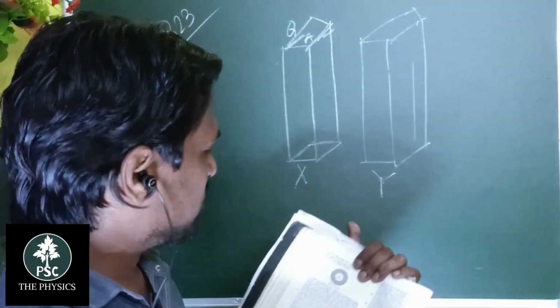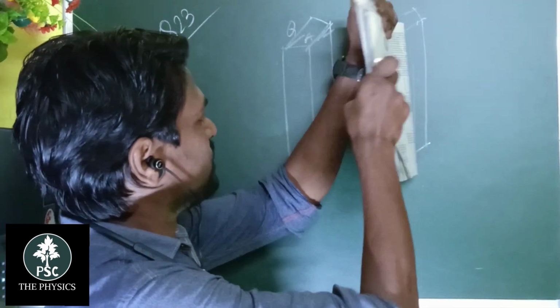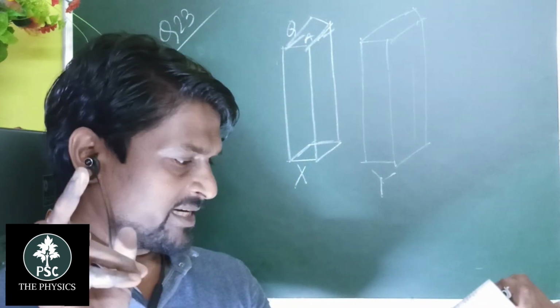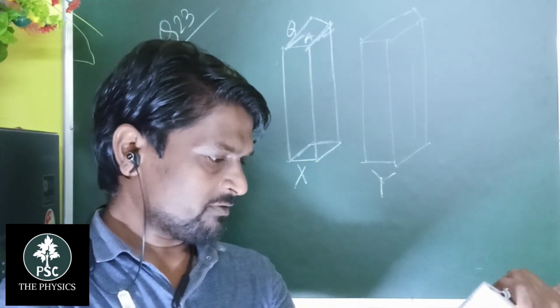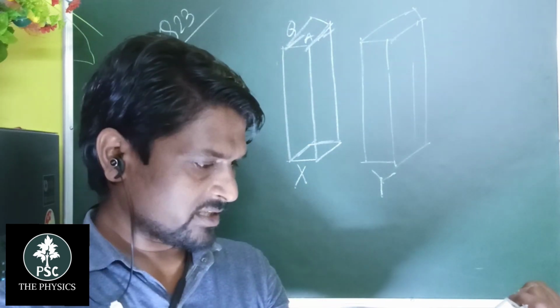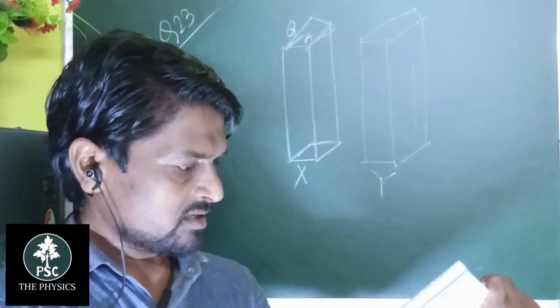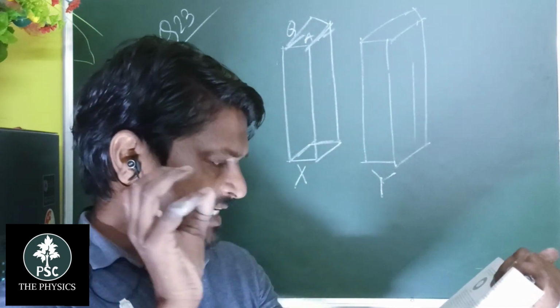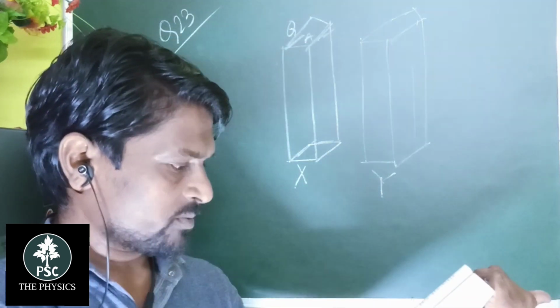So there are two plates, this one and this one. The plate X is given a charge capital Q, whereas the other is neutral, and find the surface charge density at the inner surface of the plate.